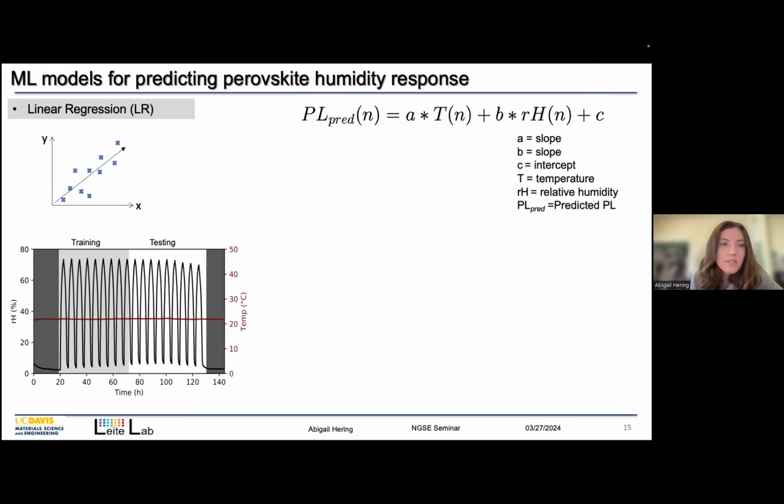Okay, so the first prediction is made with linear regression, which I showed earlier, just a basic curve fitting least squares error fitting model. We're just fitting the A, B, and C constants here.